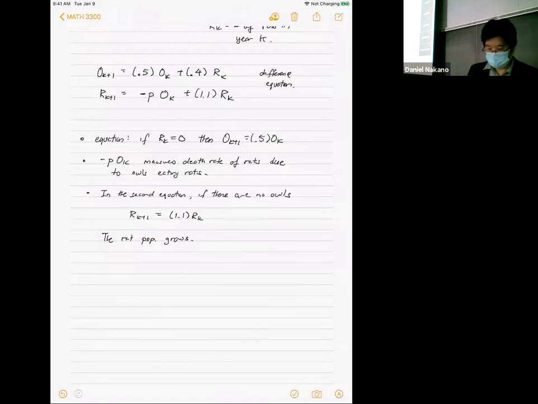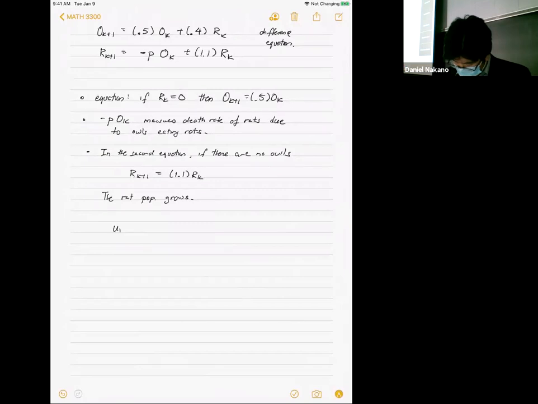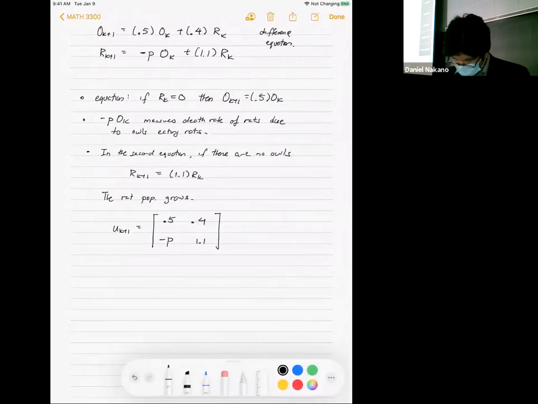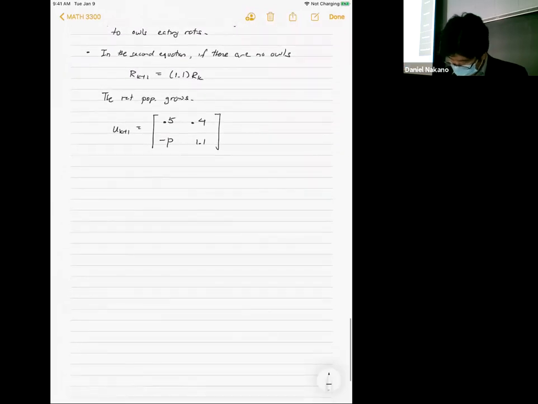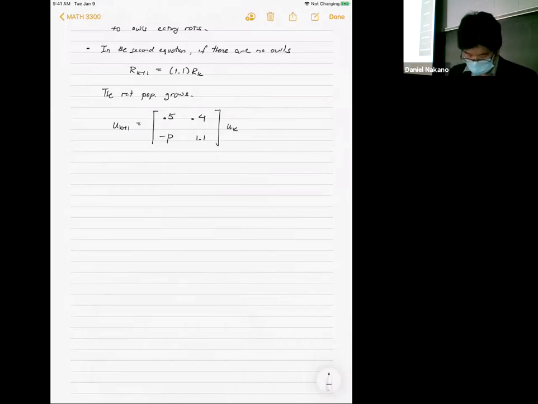Okay. All right, so we have this difference equation. So we have u_{k+1} equals the matrix 0.5, 0.4, minus p, and 1.1 times u_k.